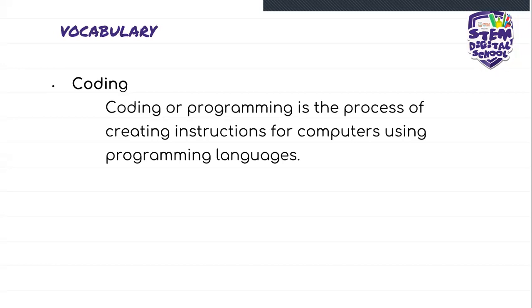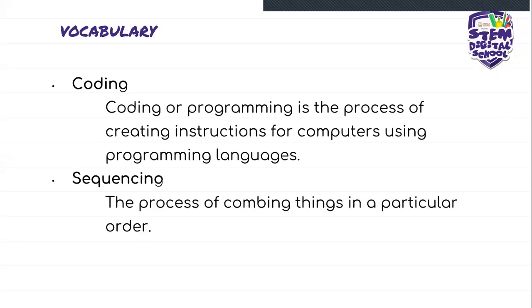It's a language we use to talk to programs or computers. So the definition is: coding or programming is the process of creating instructions for computers using a programming language. Okay, and then we also have sequencing. And sequencing, remember, is the process of combining things in a particular order.